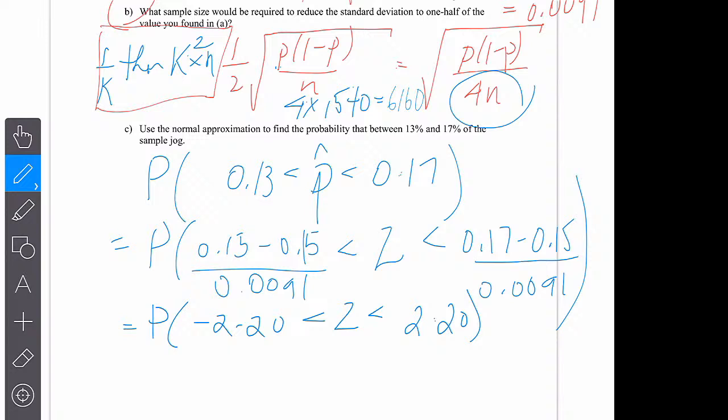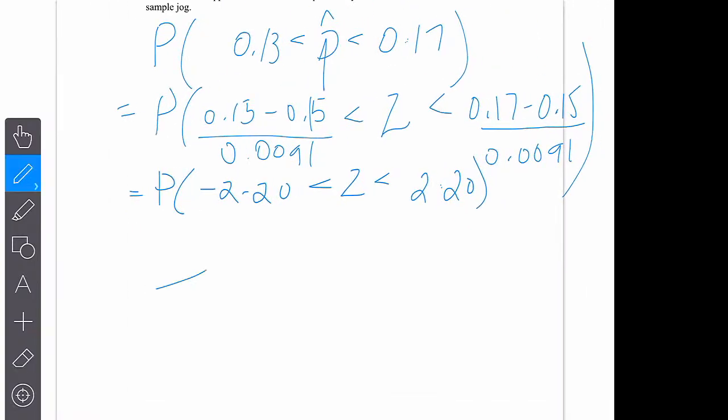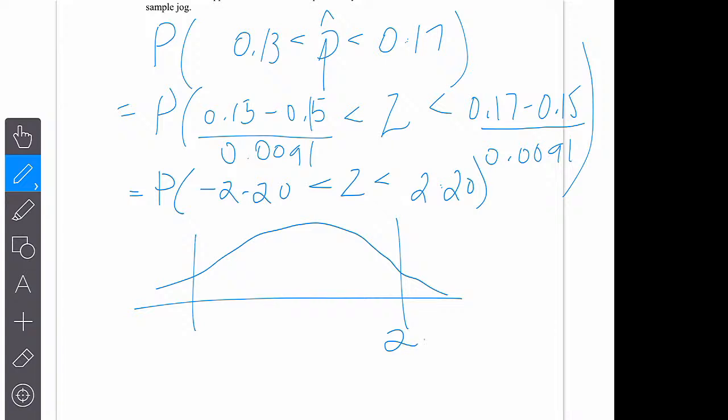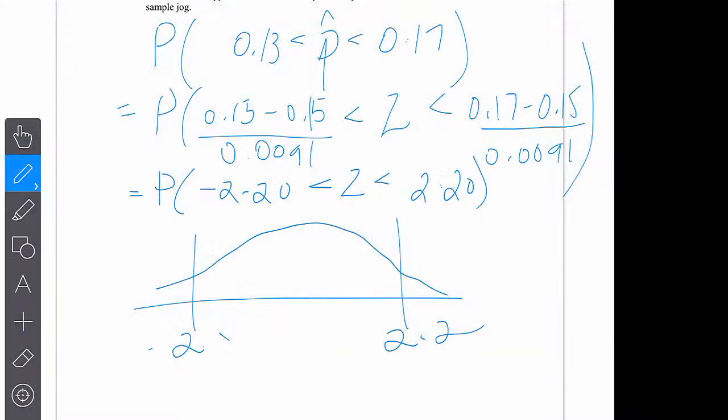Solve it. So 2.2 and negative 2.2 is this area here.